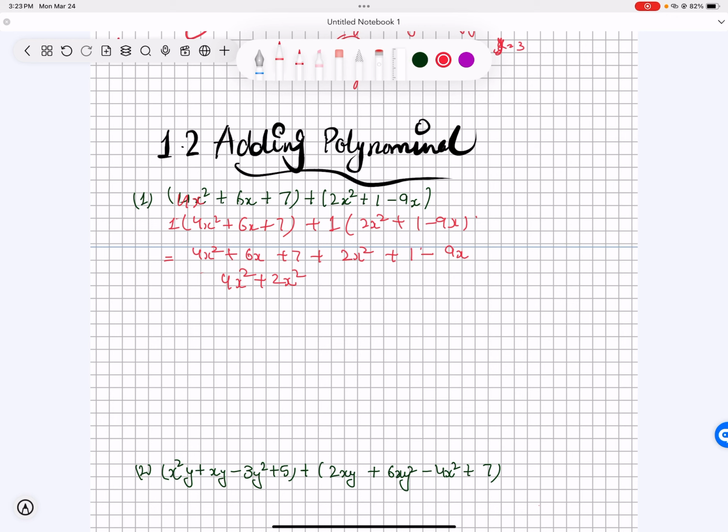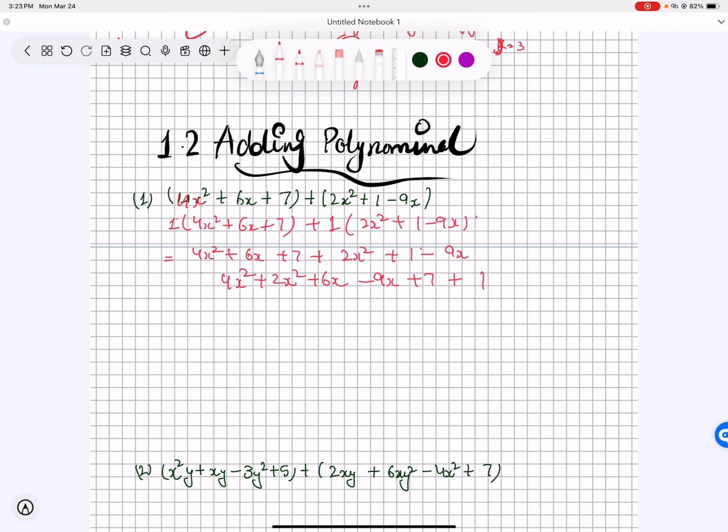We're gonna write that, plus 6x minus 9x, and then we're left with plus 7 plus 1. So now we're gonna add these like terms together.